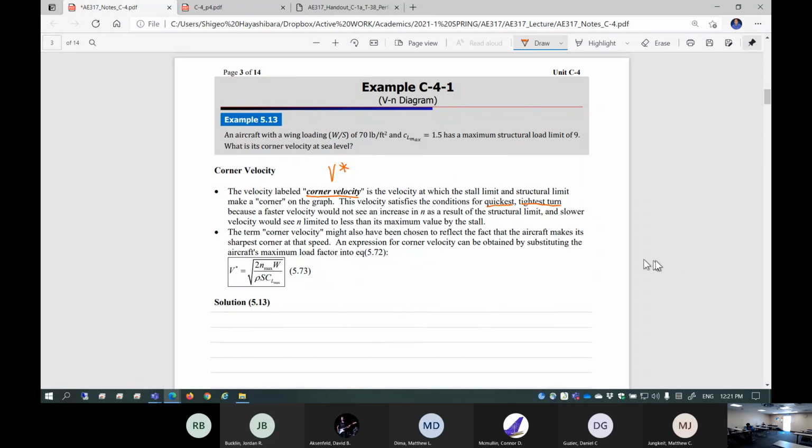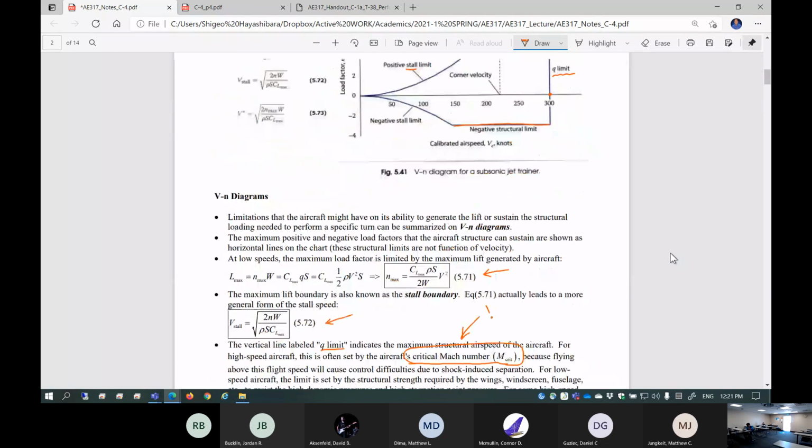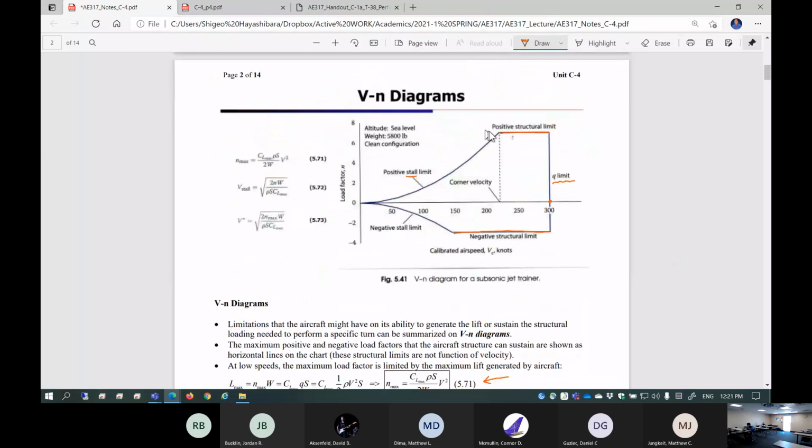So corner velocity is, if you go back right here, this is the corner velocity. So in this case, I don't know, 220-ish KCAS is the corner velocity for this airplane.